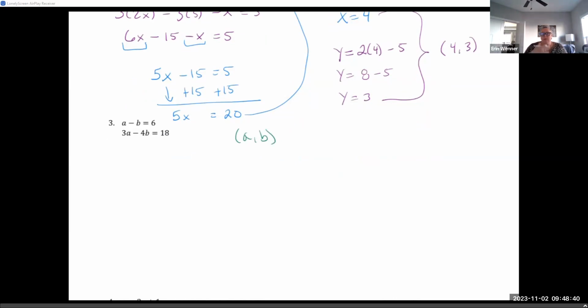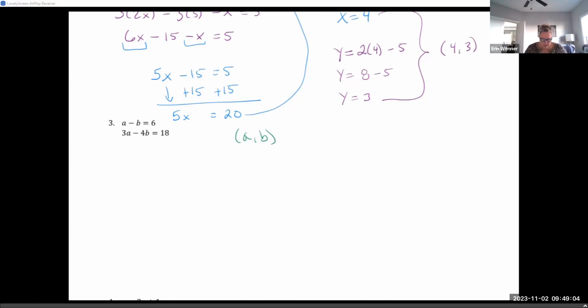Whatever variables you have, when you solve the system to find the solution, you're going to write that solution in alphabetical order in terms of your variables. So like I said, in number 3, we have A's and B's. Therefore, our ordered pair would be A, comma, B.